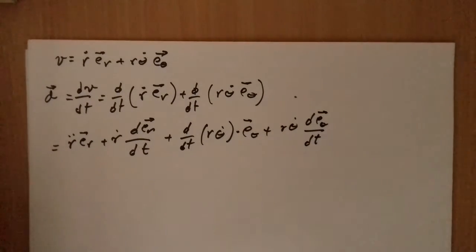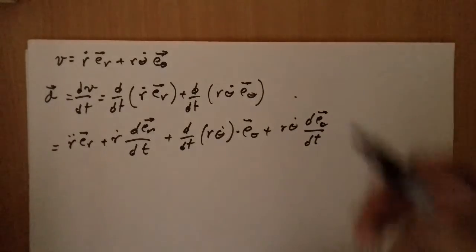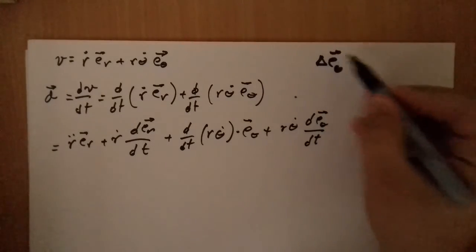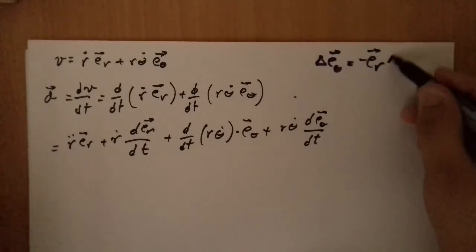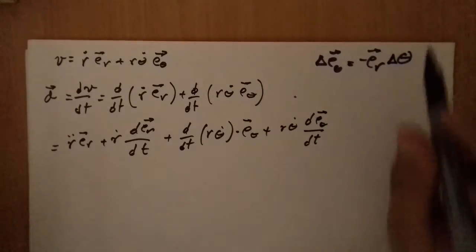I'm going to write that delta e theta is equal to minus e r delta theta.